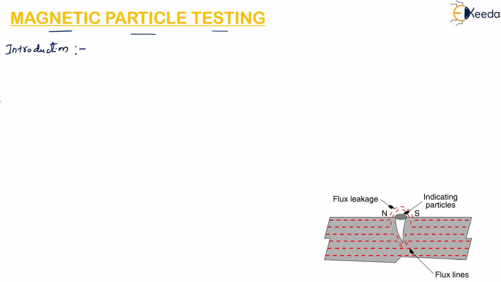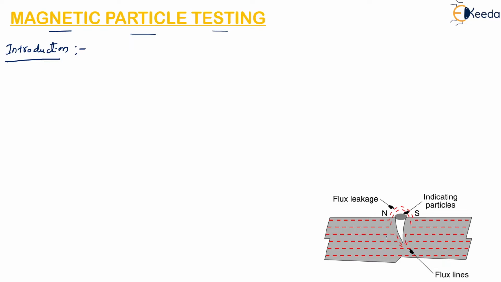So this method is suitable for surface and near surface discontinuities in magnetic material. So mainly magnetic material is ferritic steel and iron. So this method can be used for detection of surface and near surface, so close to the surface.